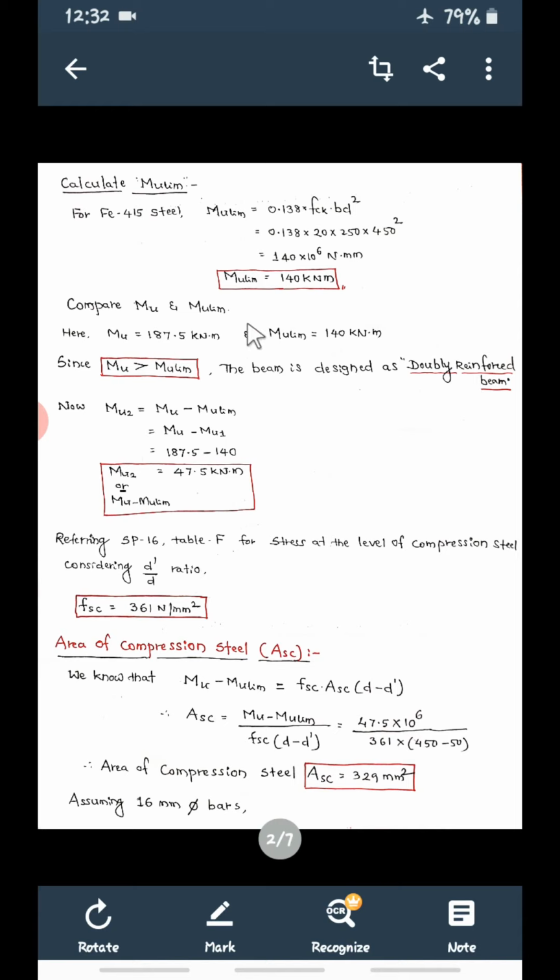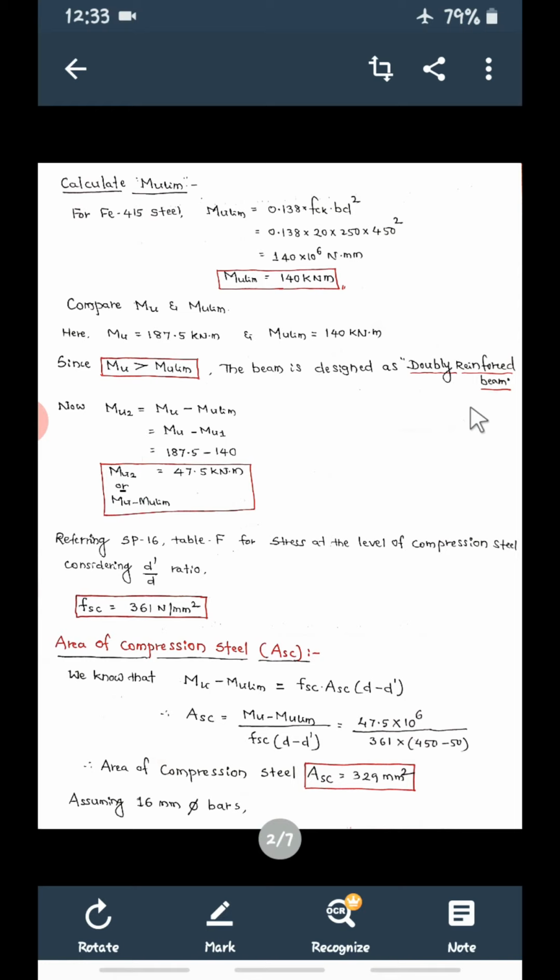Remember, this point is important. In the exam, don't directly design this as a singly reinforced beam. First calculate Mu, then Mu limit, and compare them. If Mu is greater than Mu limit, design the beam as doubly reinforced. If Mu is less than Mu limit, design it as singly reinforced. But in this case, Mu is greater than Mu limit, so the beam will be designed as a doubly reinforced beam.